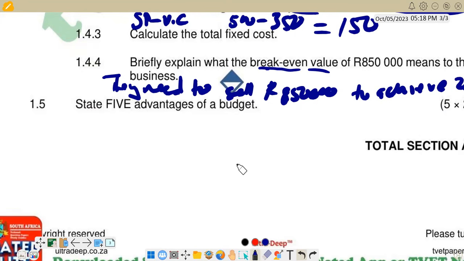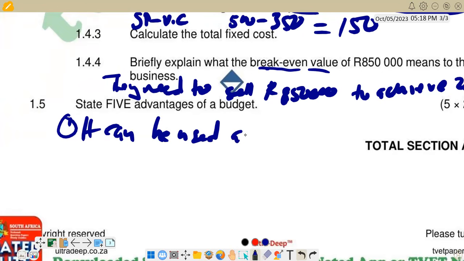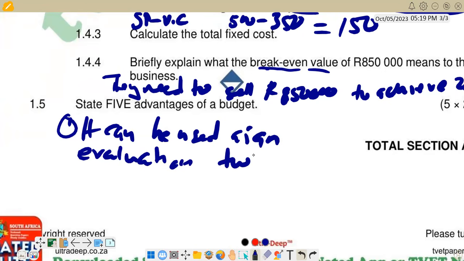So it can be used as an evaluation tool. A budget can also be used as an evaluation tool. They are saying 5 advantages. So 1, it can be used as an evaluation tool.